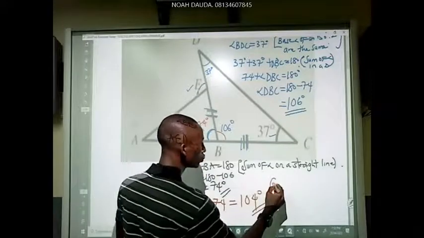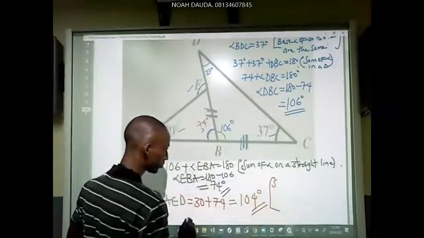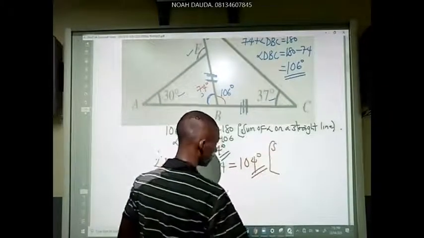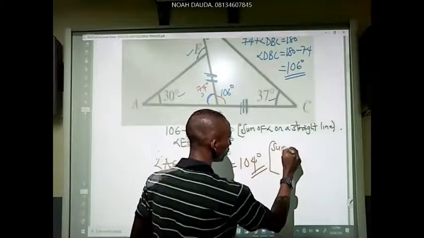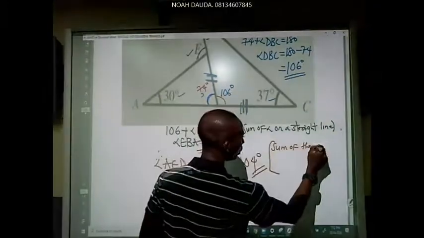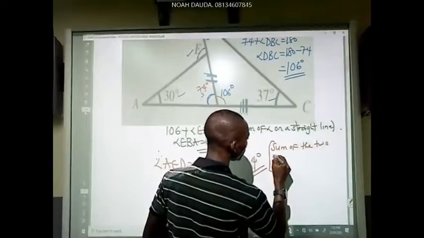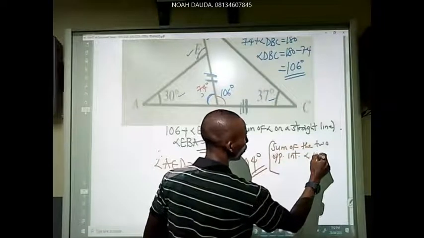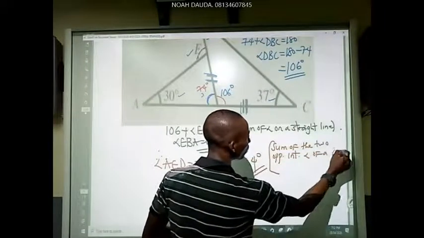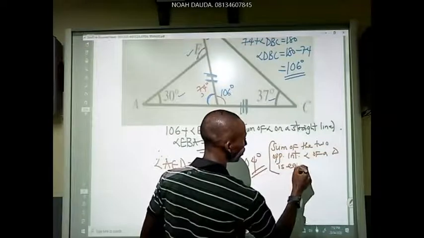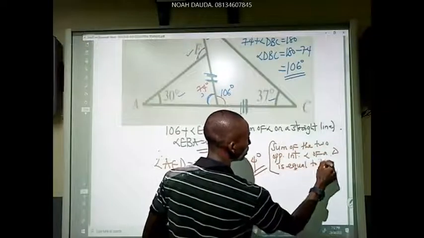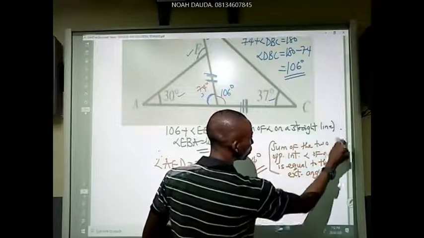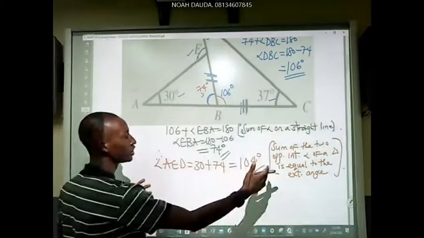The sum of the two opposite interior angles of a triangle is equal to the exterior angle. So it is important that you state your theorem beside it.